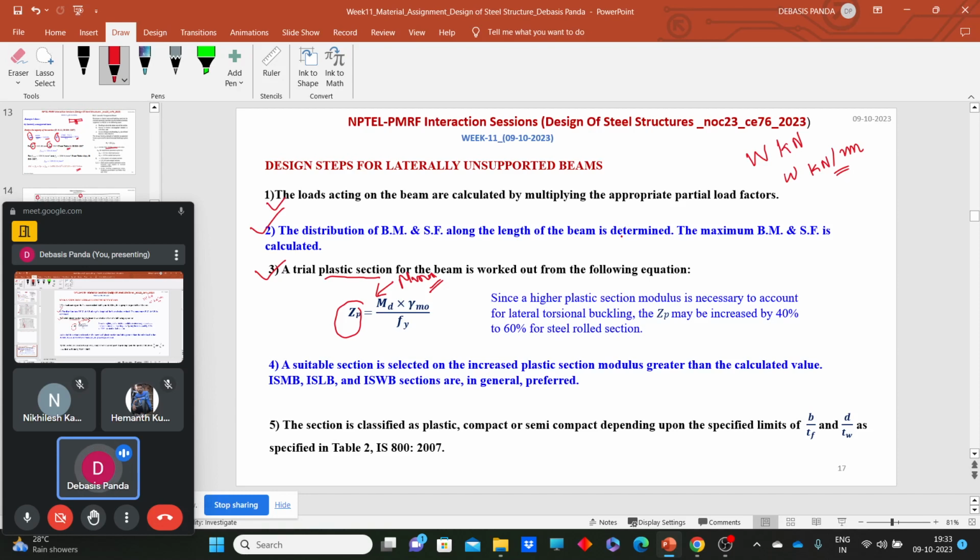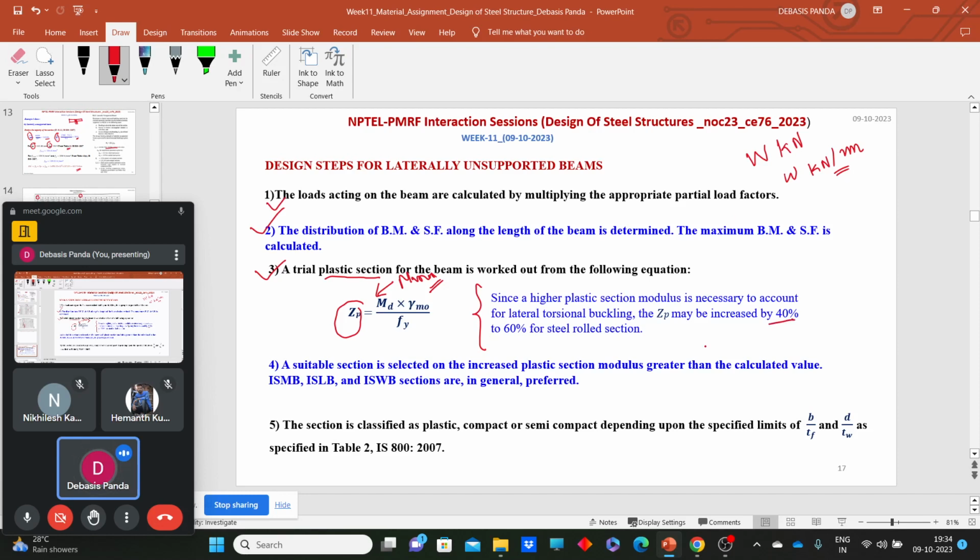Now here we are designing a laterally unsupported beam. So we need to keep in mind that there is a chance of lateral torsional buckling because the beams are not supported in the lateral direction. To counteract or eliminate the risk of lateral torsional buckling, what we generally do is increase the required sectional modulus by 40 to 60%.